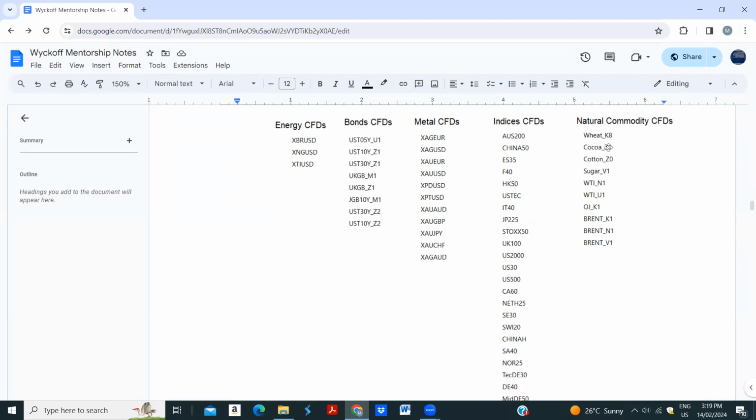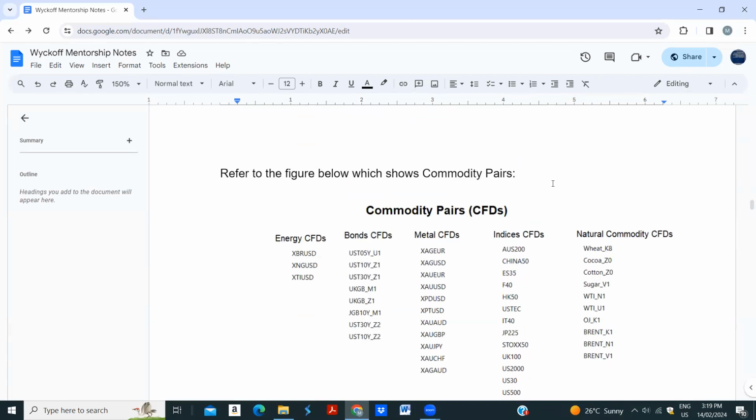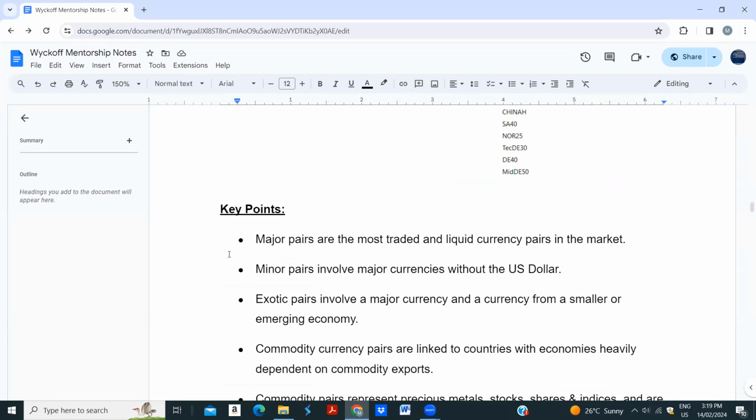So wheat to US dollar. So wheat is a base commodity, US dollar is a quote currency. So this is a commodity pair. You don't have to learn it, you just have to understand the concept. In a commodity pair, the commodity will always be the base asset. Remember that. And the quote currency will be the currency. Okay. That's it.